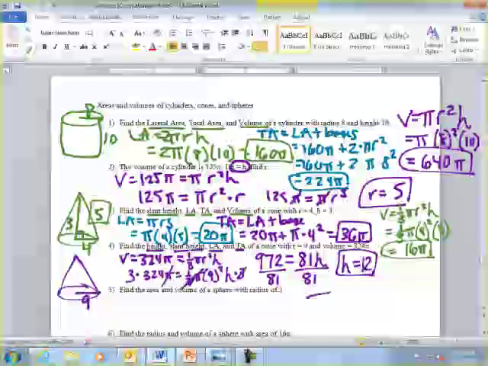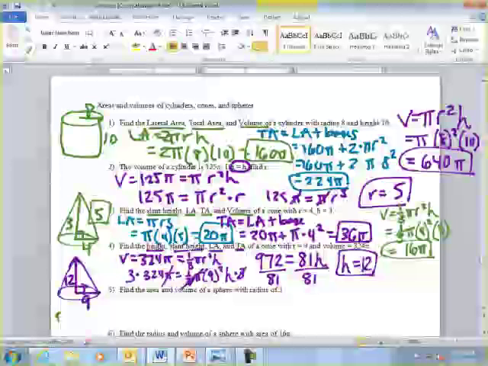Okay, so we can put that into our picture now. And the next thing we were asked to find was our slant height. So now that I have the 12 into the picture along with the 9, how would we find our slant height?